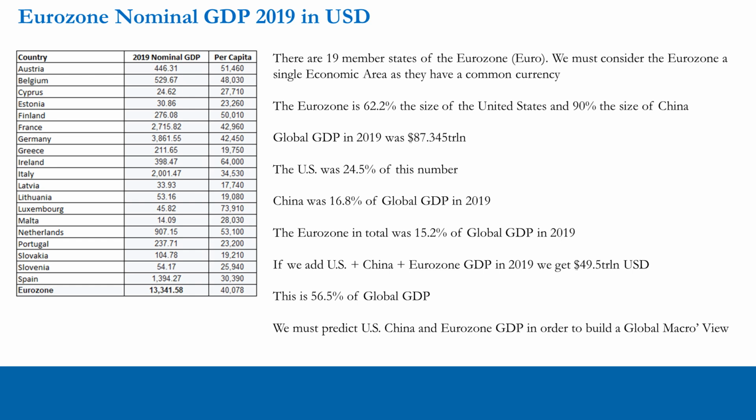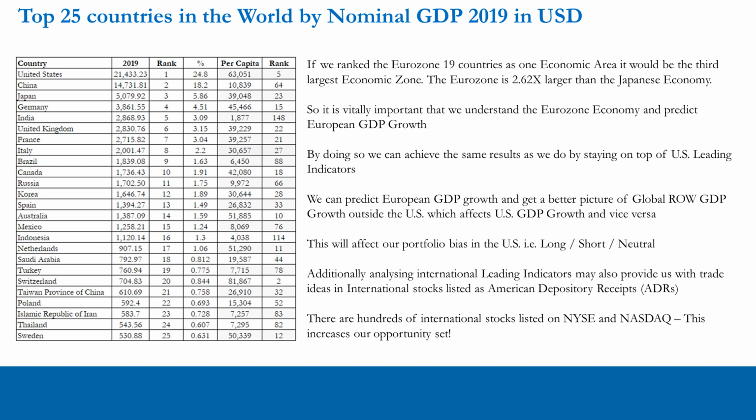Now, in terms of context, if we look at Europe versus a list of the top countries in the world by nominal GDP in 2019, we can look at the Eurozone in comparison to every country and actually the constituents of Europe as well.